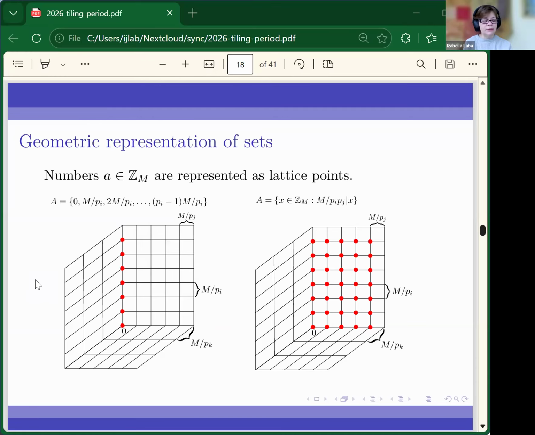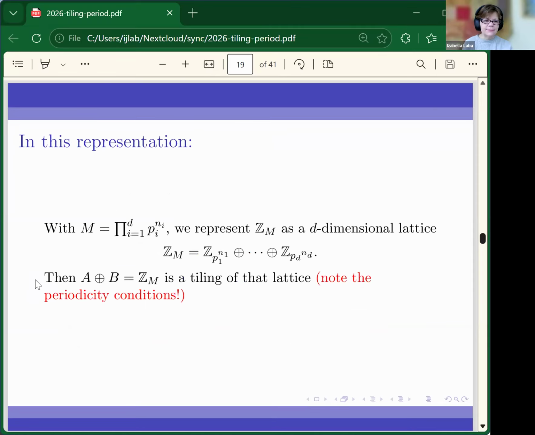So in the geometric representation, these would be sublattices. In that representation, if we are given a tiling of period M of the integers, that translates to a tiling of Z_M by two finite sets. And that then translates to a tiling of the d-dimensional lattice with the periodicity conditions that I noted.